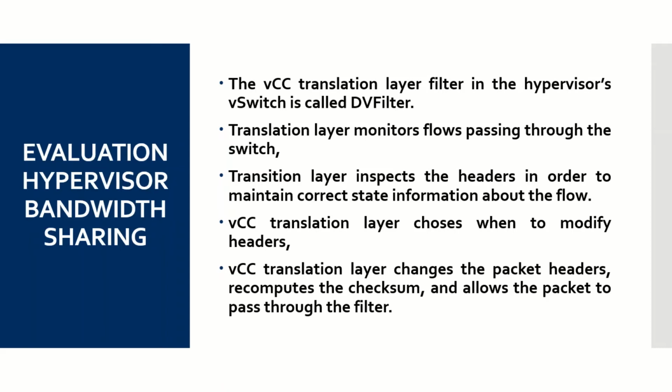The transition layer also inspects the headers to maintain the correct state of information. When the virtualized congestion control transition layer decides to modify the headers, it changes the packet headers, recomputes the checksum, and then lets the packet pass through the filter. We will now demonstrate how we implemented the receive window throttling in this virtualized congestion control layer.